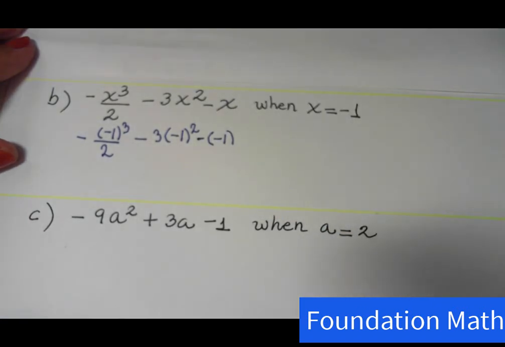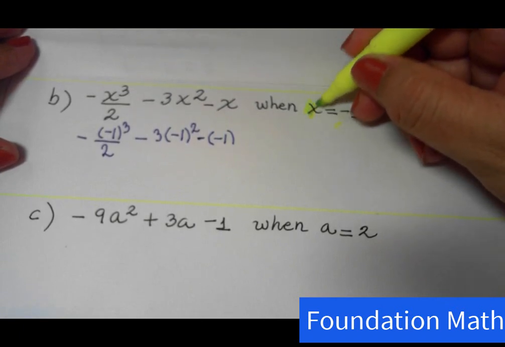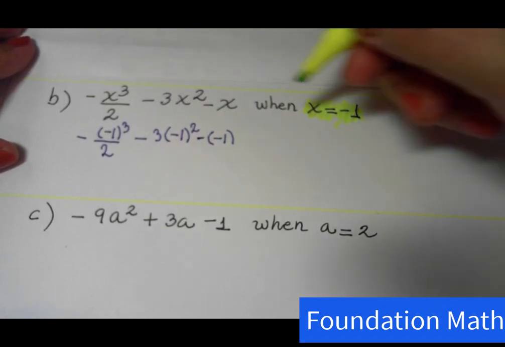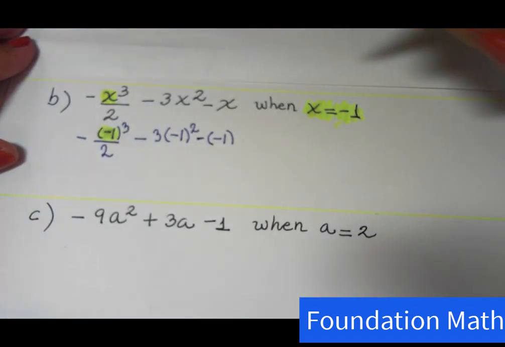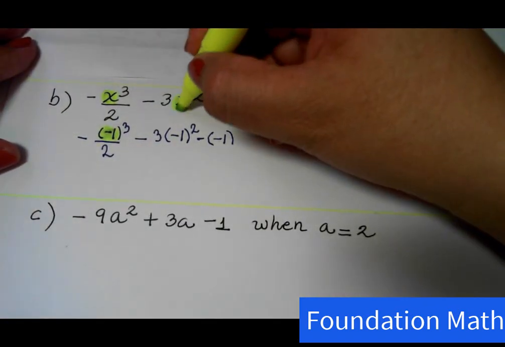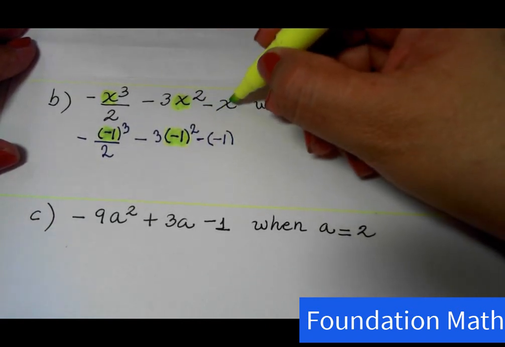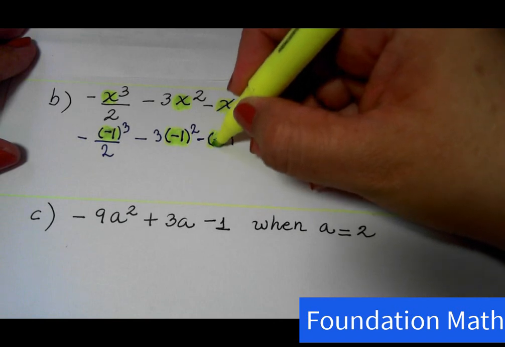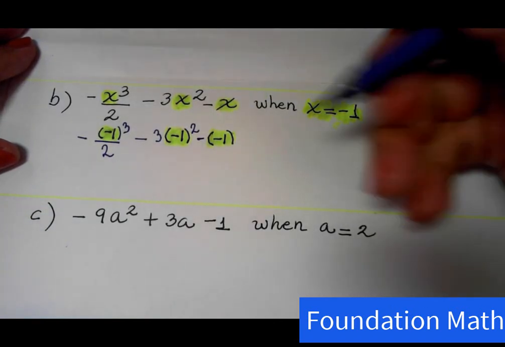Remember, the value of x is negative 1. Instead of x here, you just write parentheses negative 1. Again, you have x, you just write the parentheses and negative 1. I recommend you to use the parentheses, so you do not make any mistake.